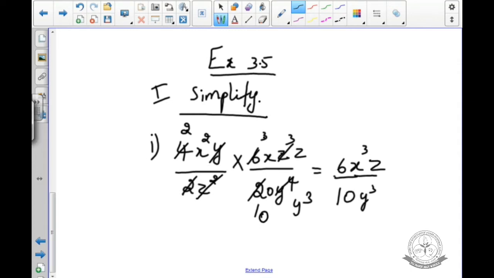Now also we can reduce the term. Here also we can do the cancelling. 3 2s are 6 and 5 2s are 10. So the answer is 3x cube divided by 5y cube.